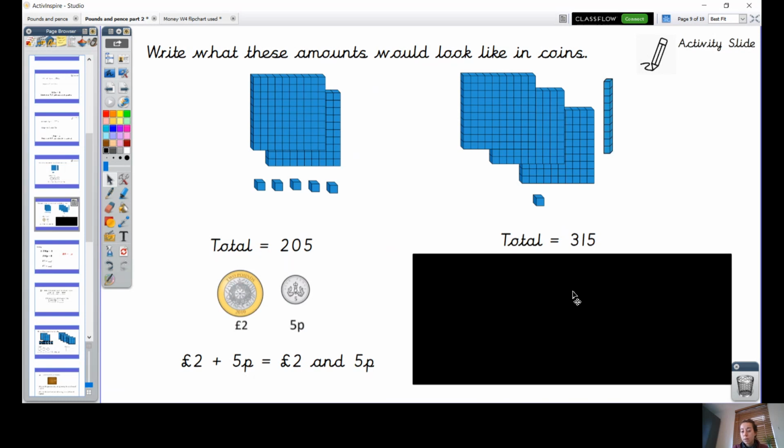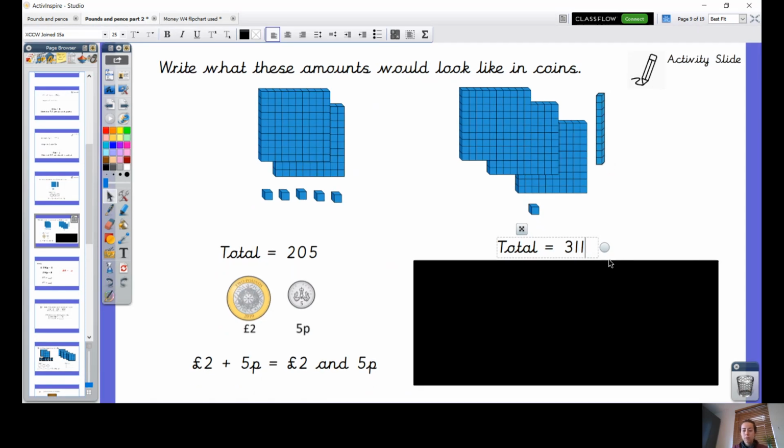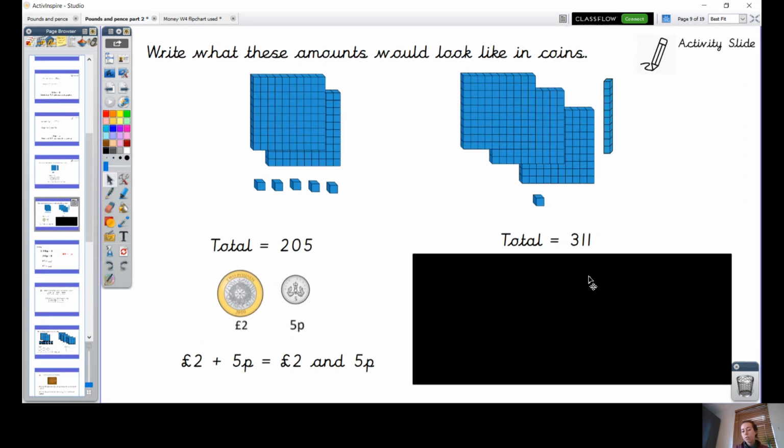So, the total this time is 350. Oh, that's not right, 315. 300, I've got a 10 there and I've got a 1 there. Ooh, good job I noticed, wasn't it? 311 pence. That would have been right.